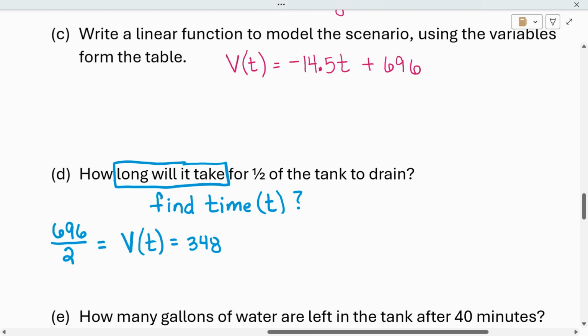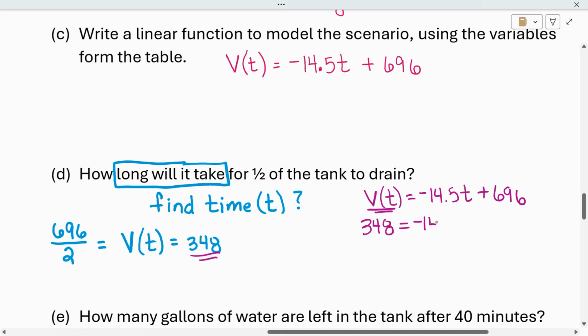So I'm going to use this equation, V of t equals negative 14.5t plus 696. But I'm replacing V of t with 348. And I'm going to solve for t.